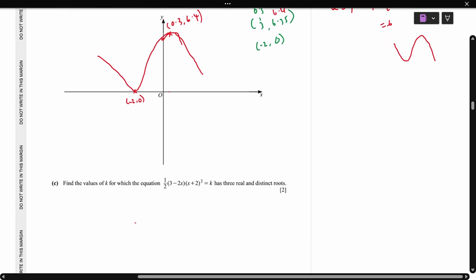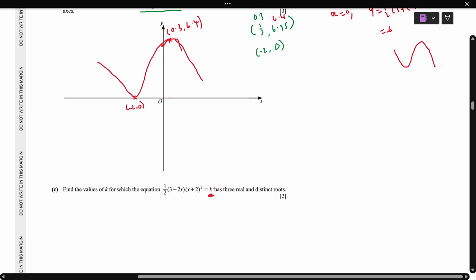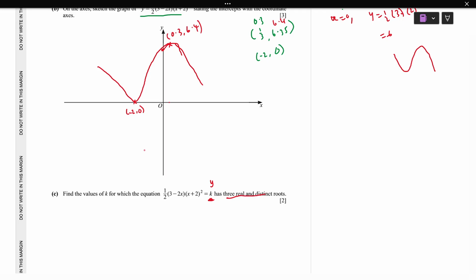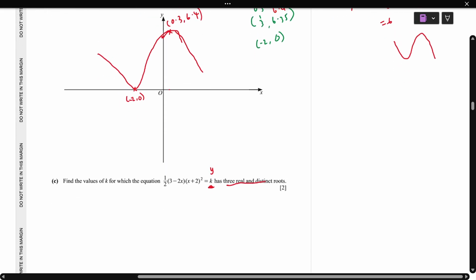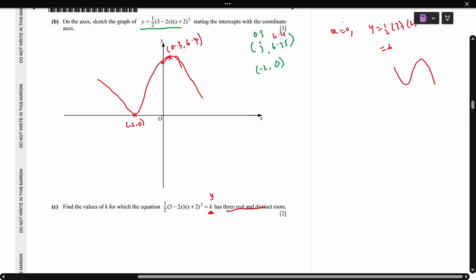Okay, so find the values for which the equation y equal to k. As you know, they are asking where we need to draw lines so that we'll get three real and distinct roots, three different roots. So we'll find the range here. The y here is 0, the other point is 6.35.